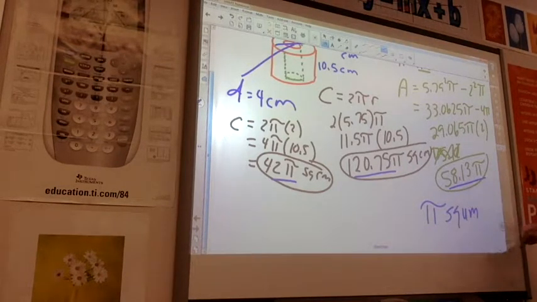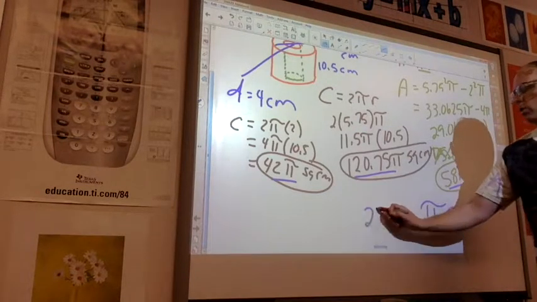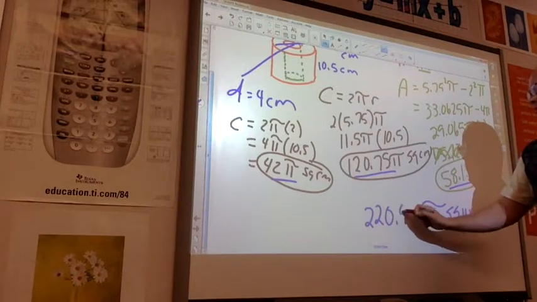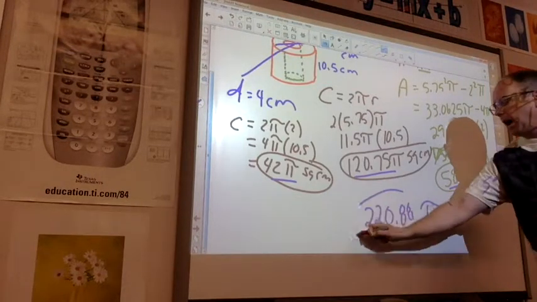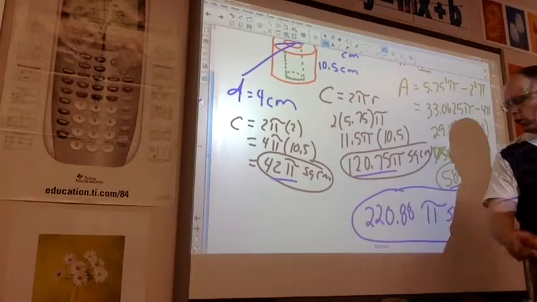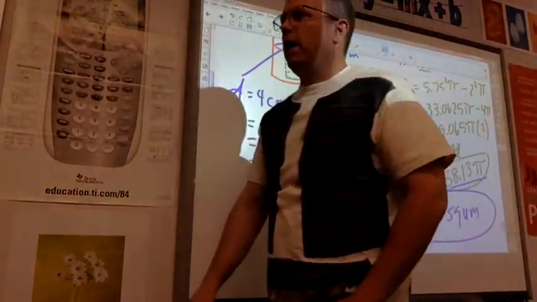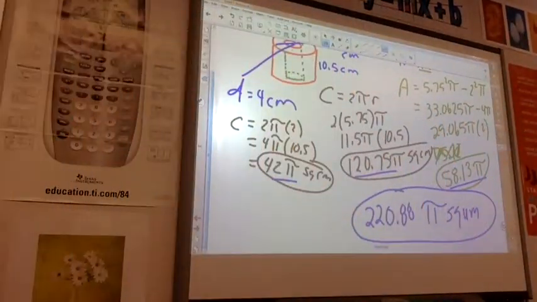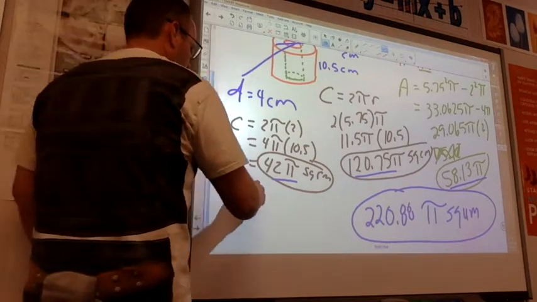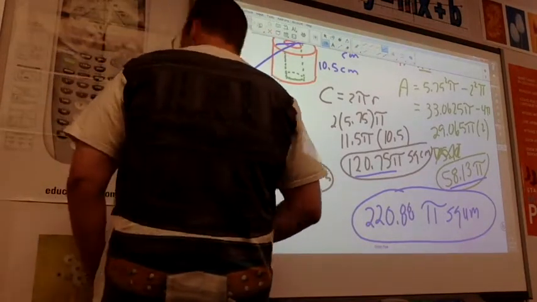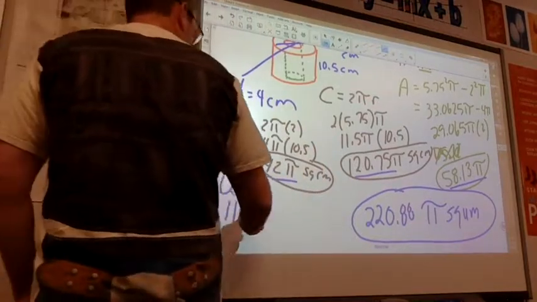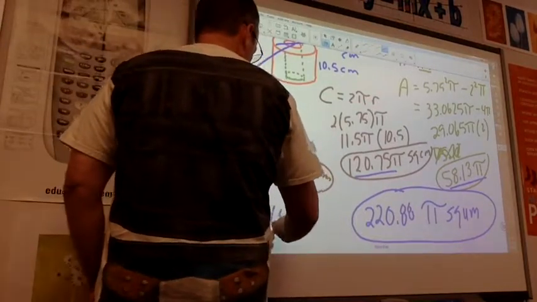So what's 58.125 plus 120.75 plus 42? 220.875. So 220.88 pi square units.